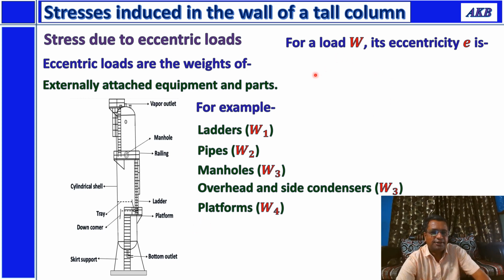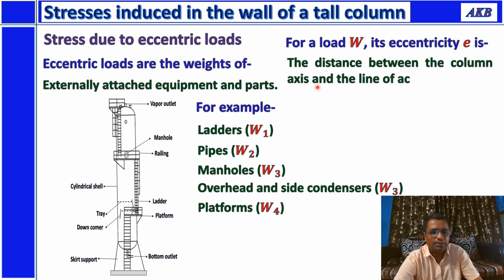So what is eccentric load? For that we need to understand eccentricity. If you consider load W, then its eccentricity is nothing but the distance between the column axis and the line of action of W. If you try to understand it with the help of this diagram, this is the central axis, and if W is acting over here, and this will be the line of action of W, then the distance between this axis and the line of action is nothing but eccentricity for this load.